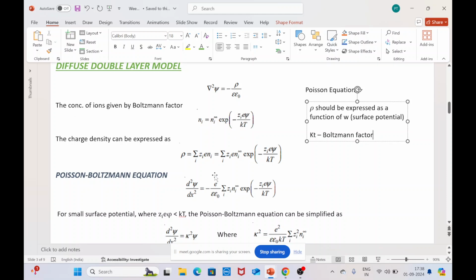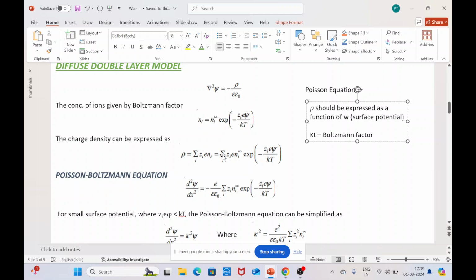So rho is the summation over all the different types of ions present in your solution. You need to find the cumulative charge density for all the ions present, and you express that as Zi times e times Ni.